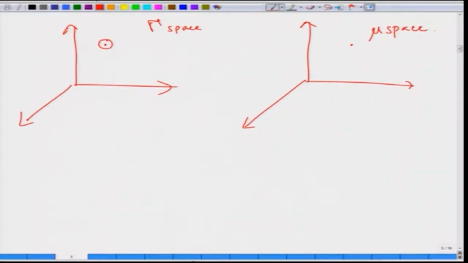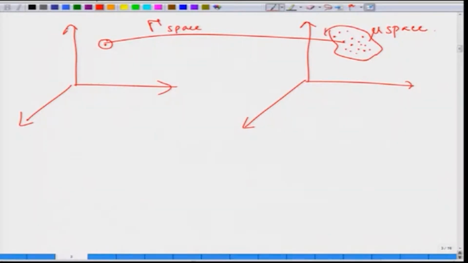Now, you can see that one single point is mapped to n points, every point having 6 coordinates.